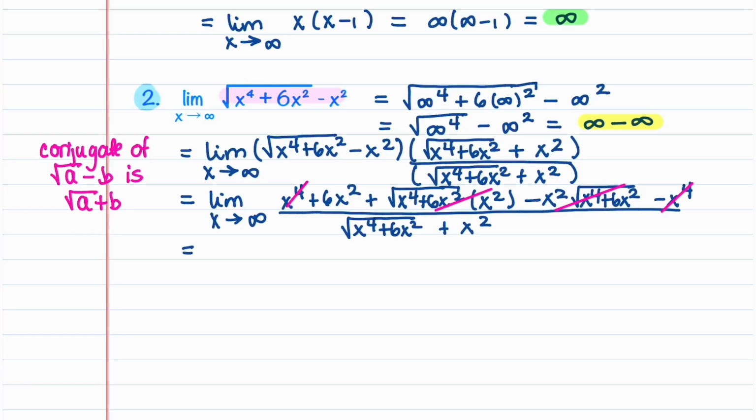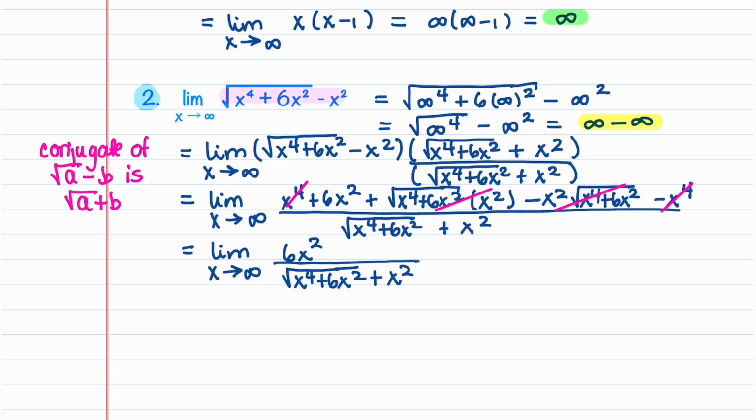Let's write that down. This is the limit as x goes to infinity, 6x squared, all divided by the square root of x to the fourth plus 6x squared plus x squared.